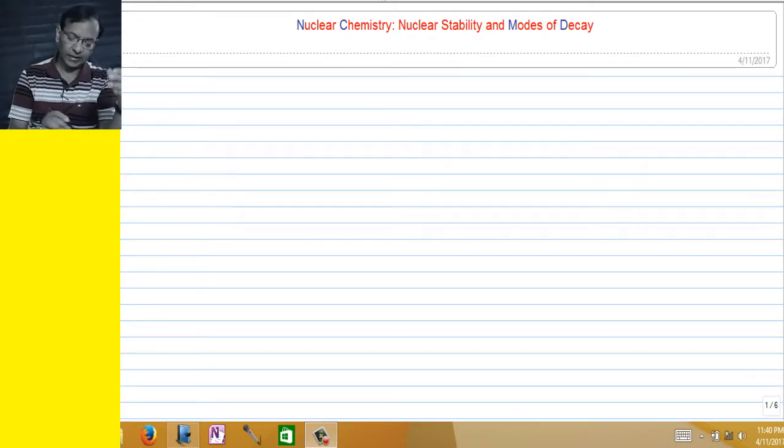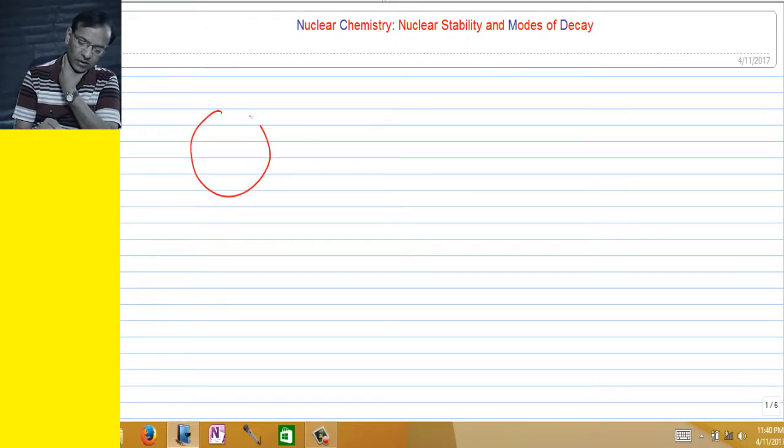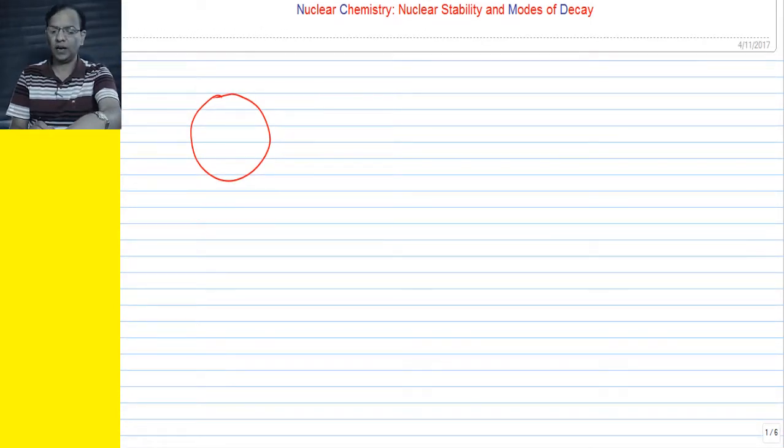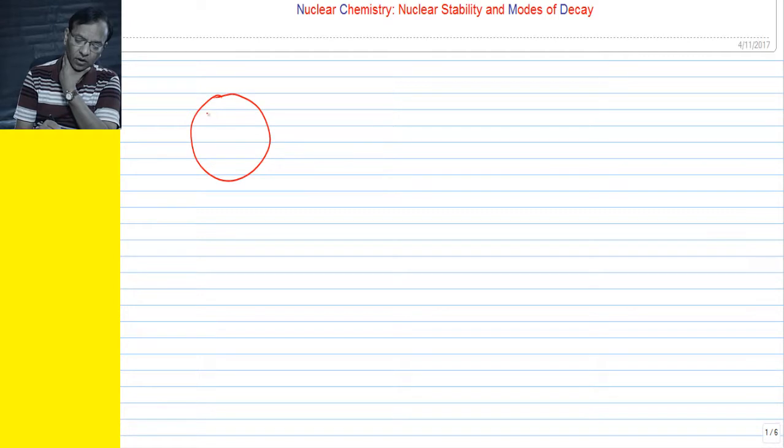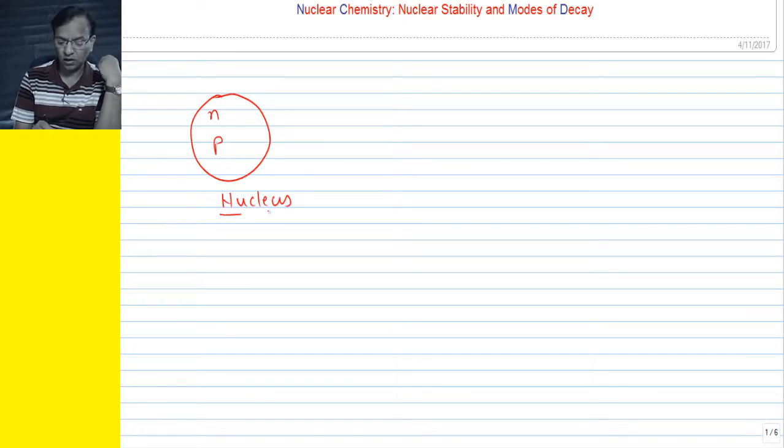So we know that inside a nucleus we have neutrons and protons. This is the nucleus within which we have neutrons and protons.